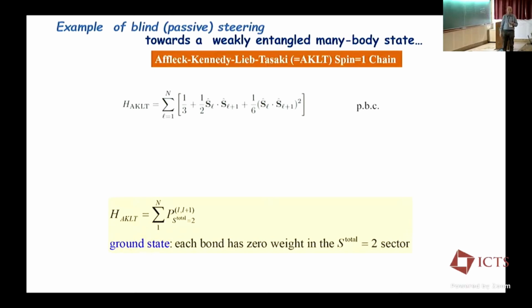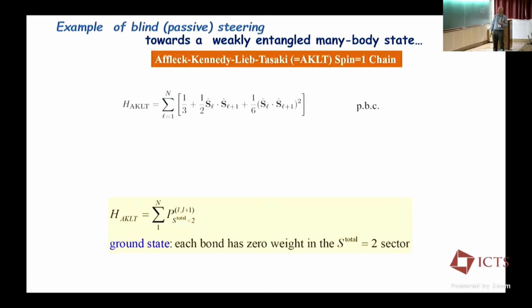And in order to avoid complications of the degenerate many-body states, which is a very interesting problem that can be dealt with and gives very interesting results, but for now I want to avoid it, I will consider a chain with periodic boundary conditions where I have only a single non-degenerate ground state, and this is the Hamiltonian of the system.